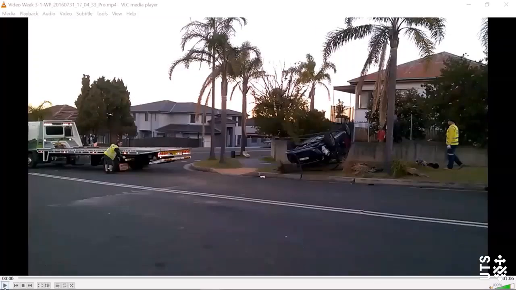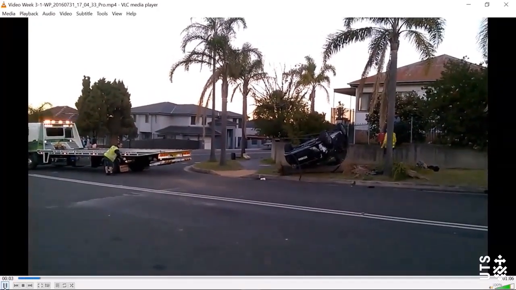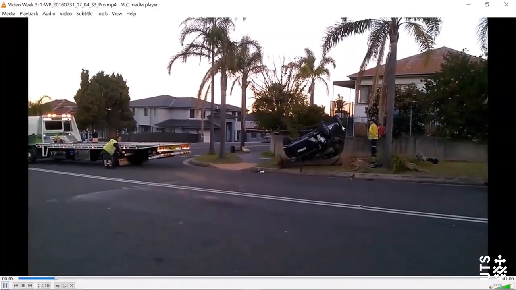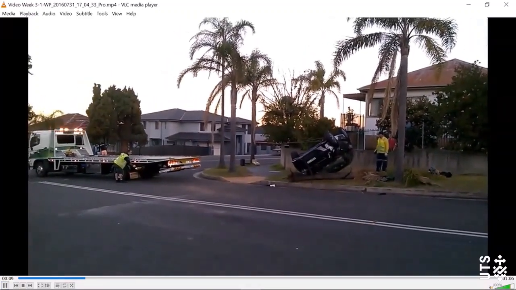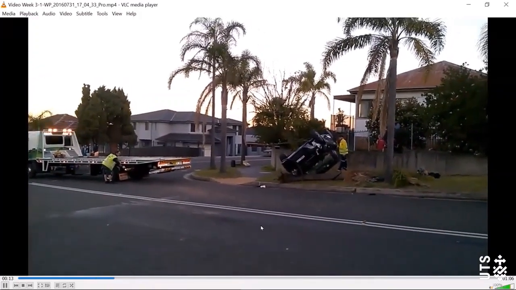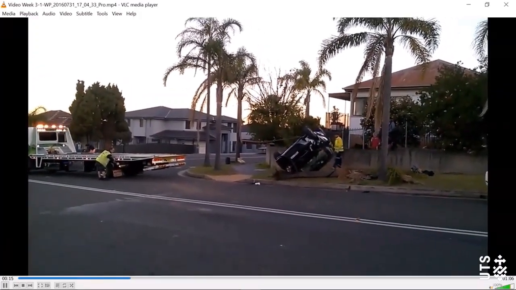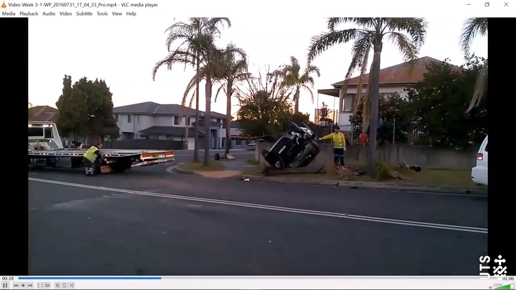Let me show you a video. In this video here, you can see this car is rolling. And this is the general plane motion.